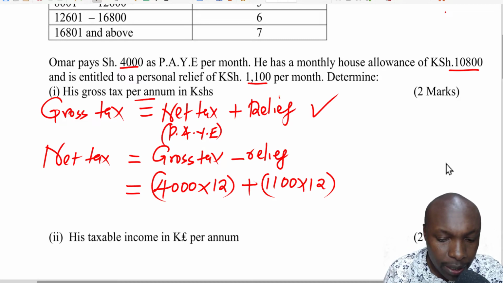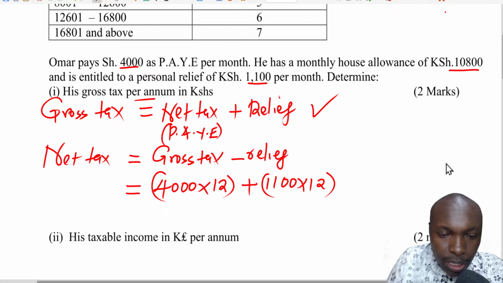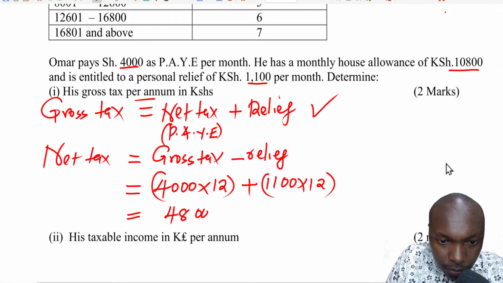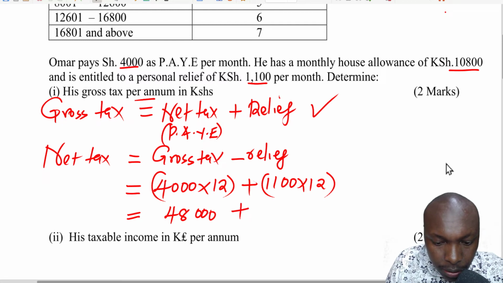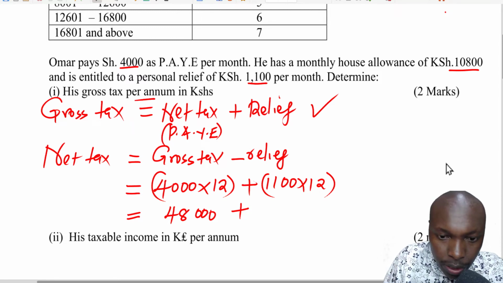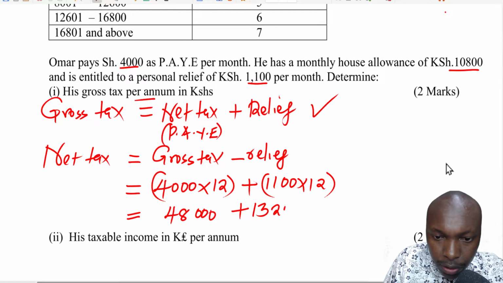So let us work out this one. Remember, we're going to get this in Kenyan shillings. Using a calculator, 4,000 times 12 gives 48,000, plus 1,100 times 12, which gives 13,200.